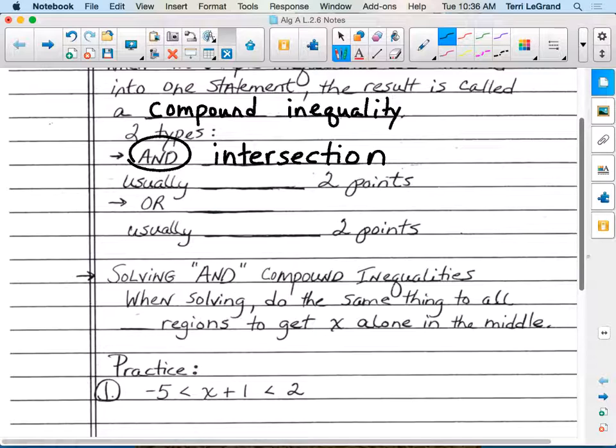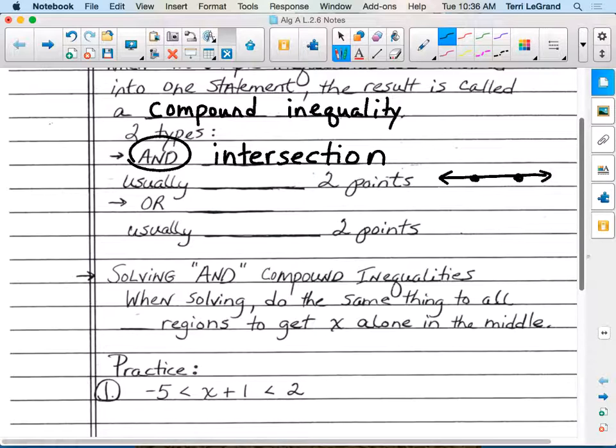When we have a compound inequality of the and type, I want you to draw a graph. We're going to have two endpoints on our compound inequality graphs. They can be open or closed circles. I'm just making both of them closed. We'll decide later when we shade them in.